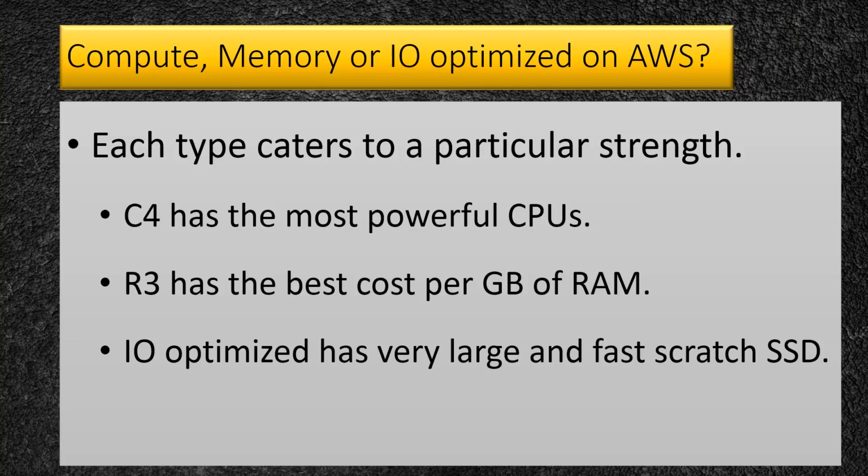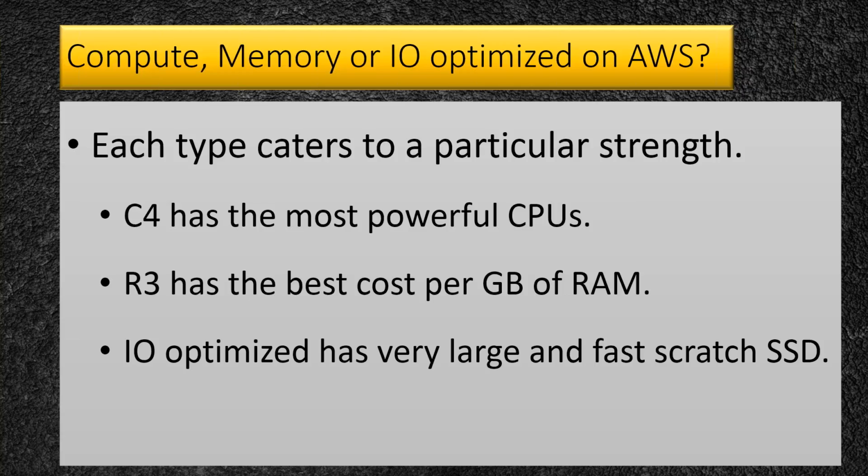In the more difficult situation where you don't really know what workload you're going to get, then I would usually recommend, if budget allows, that probably the safest choice is to go with the R3s, which have the best cost per gigabyte of RAM, and sometimes just adding a few more gigs of RAM to SQL Server can make all the difference in performance, right?